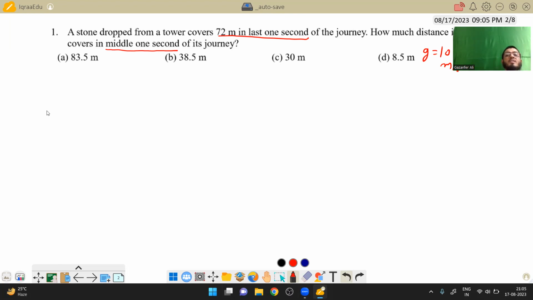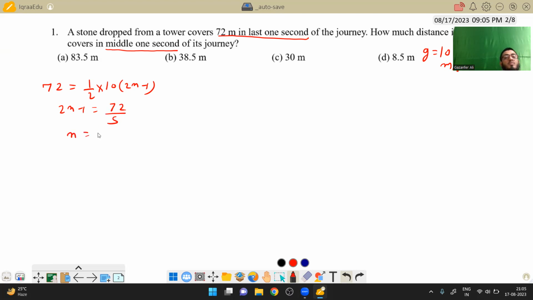Okay, so it covers 72 meter in the last 1 second. So 72 is equal to half into a into (2n minus 1), right? So 2n minus 1 is 72 by 5.